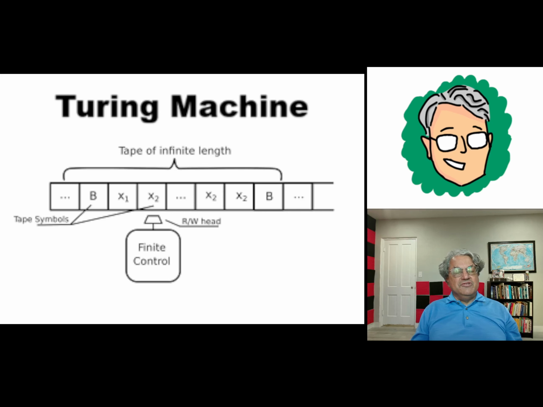So four different things: it reads a symbol, and then depending on the symbol and the state it's in, it can erase the symbol and print a new symbol, and then it has to either move to the left or to the right one space. That's all it does. And it just keeps doing this until it runs into an instruction telling it to stop, halt. There has to be an instruction that says halt, otherwise this thing could go on forever. So anyway, that's all a Turing machine is, and that's all it does.